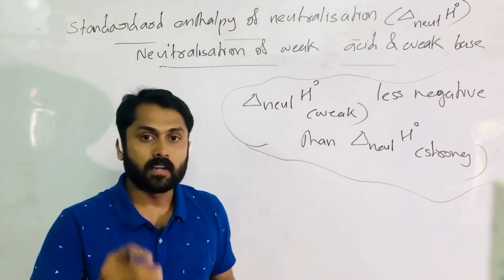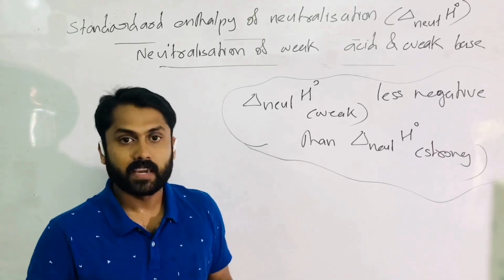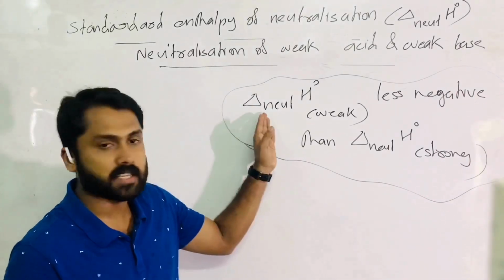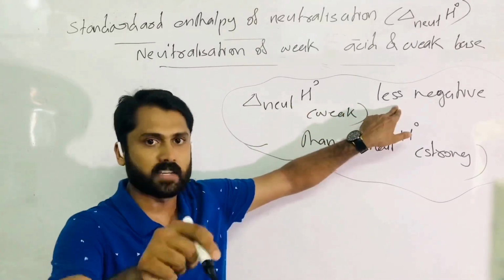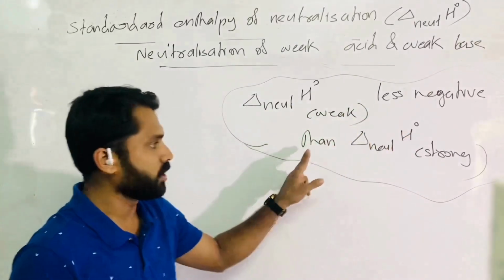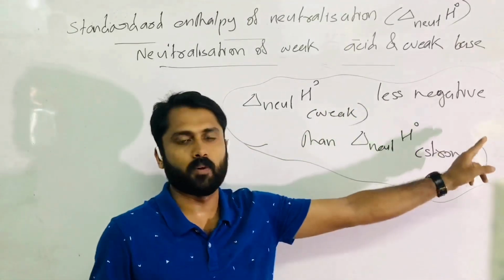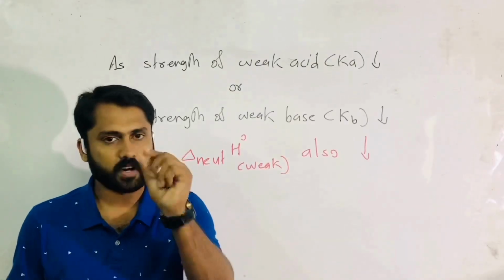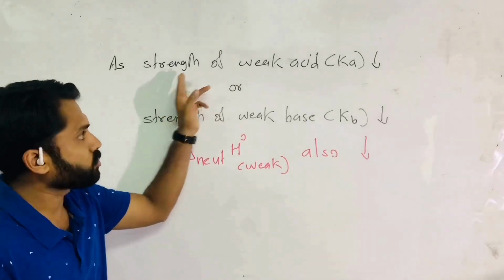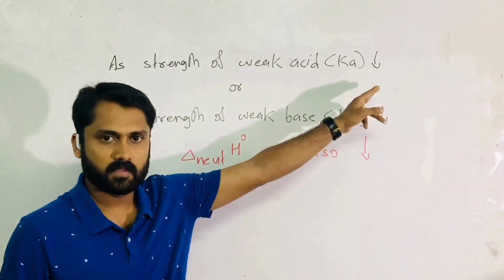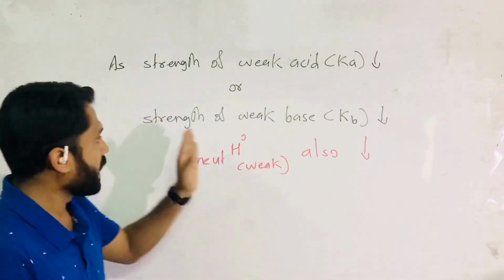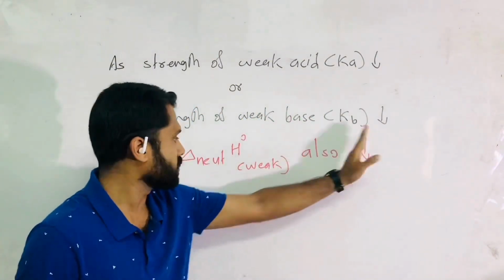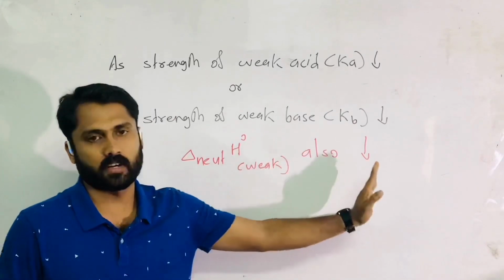By including dissociation enthalpy, we can say that neutralization enthalpy of weak acid or weak base will be less negative than neutralization enthalpy of strong ones. We have to focus on this: as the strength of a weak acid decreases, neutralization enthalpy also decreases. Similarly, as the strength of a weak base decreases, neutralization enthalpy also decreases.